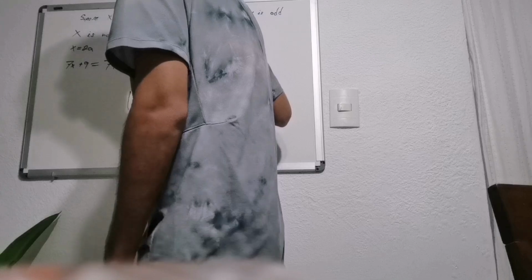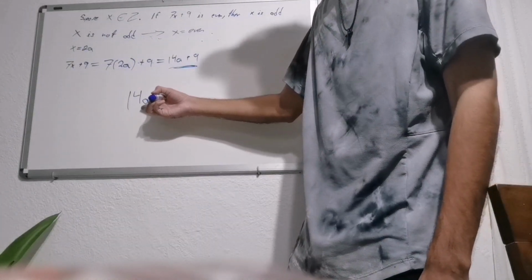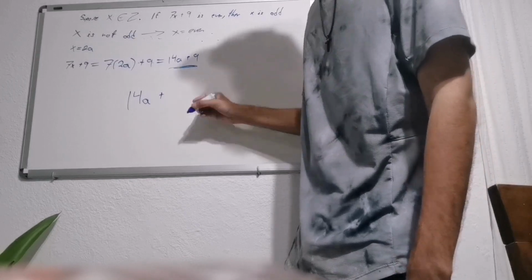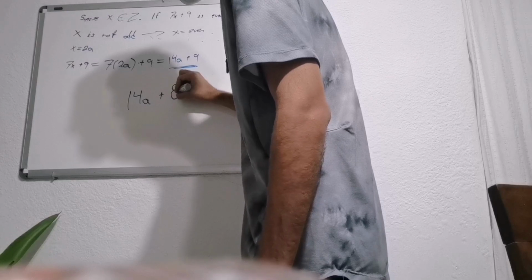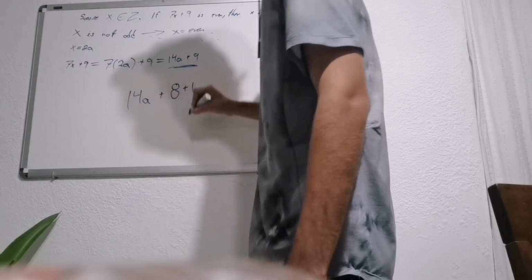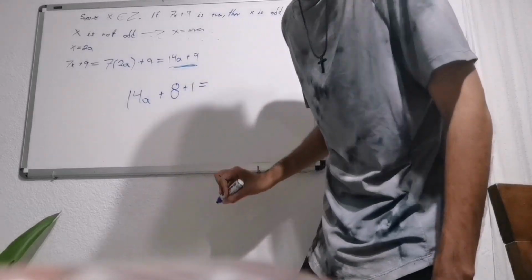We have to factorize it, but in this case, since it's impossible to factorize this, I'm going to make a little change. I'm going to put a plus 1, and now we can factorize the sentence.